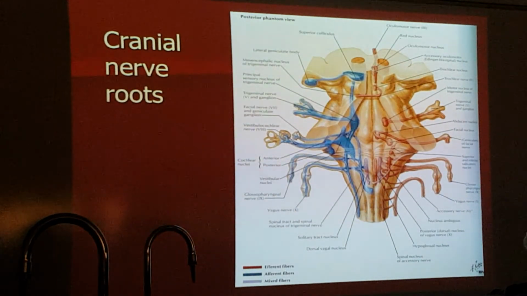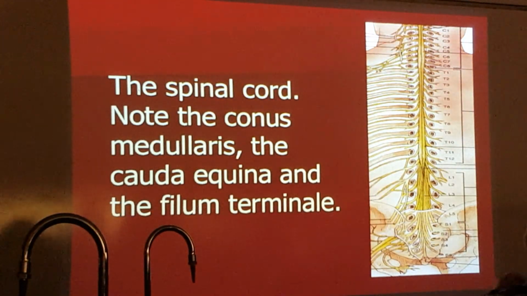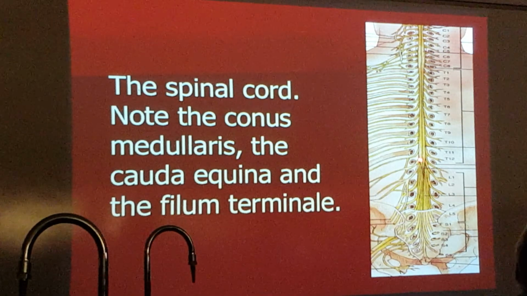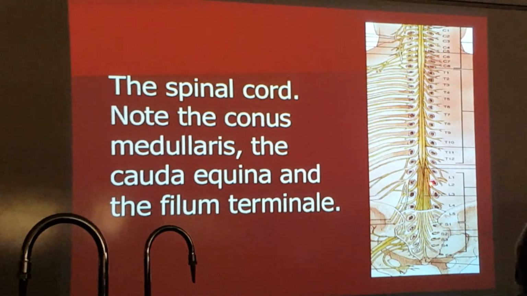Okay, cranial nerve roots. The spinal cord, the last little bit of the cord that kind of is pointy, right down there, actually shows up on one of our models, and it's called the conus medullaris. And then what are all these little filaments called? Cauda equina, which is Latin for horsetail.